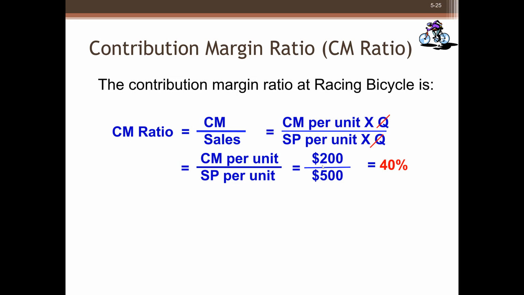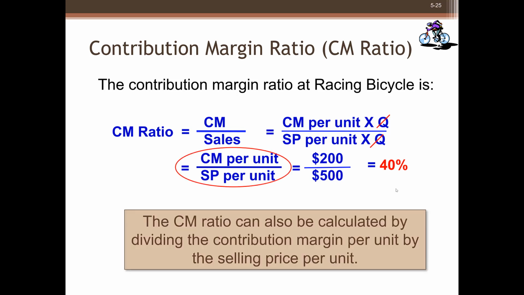In our RBC example, unit contribution margin is $200 and selling price per unit is $500, so we still get a CM ratio of 40%. Basically, there are two ways to calculate the CM ratio: total contribution margin divided by total sales, or unit contribution margin divided by selling price per unit.